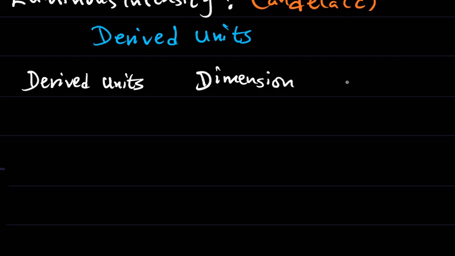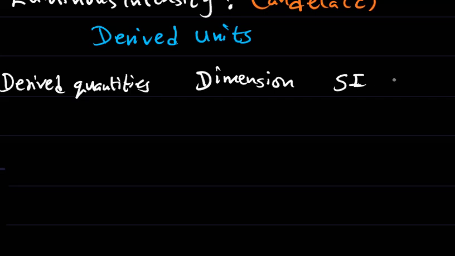Let's arrange it in a tabular form. So this column is the column for derived quantities. Then their dimension, of course, we have a column. This column is the SI units. All right, so can we begin?